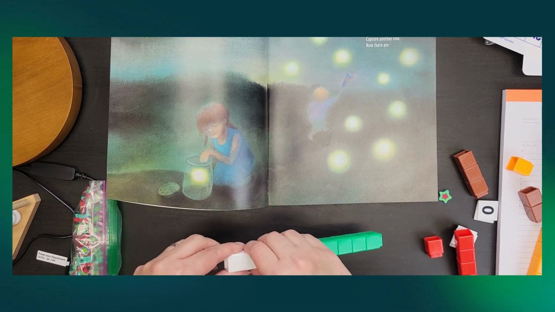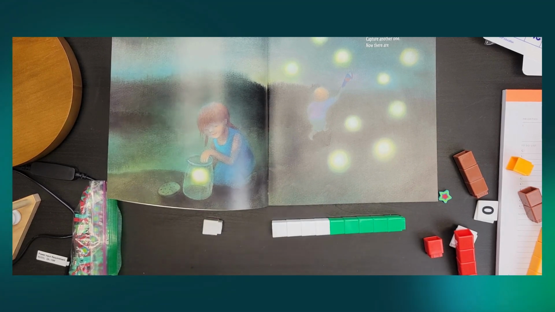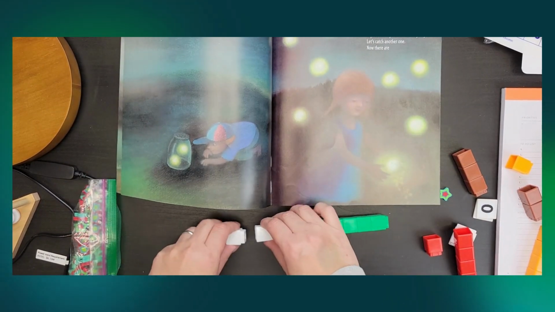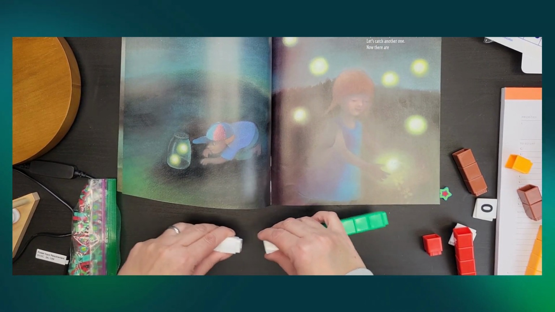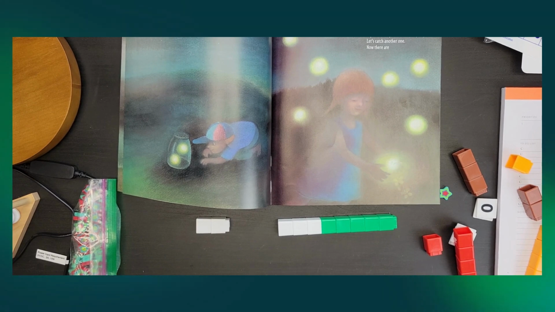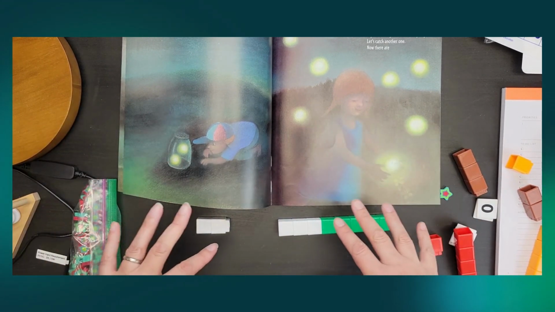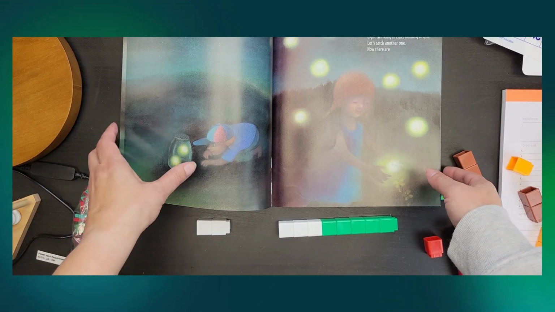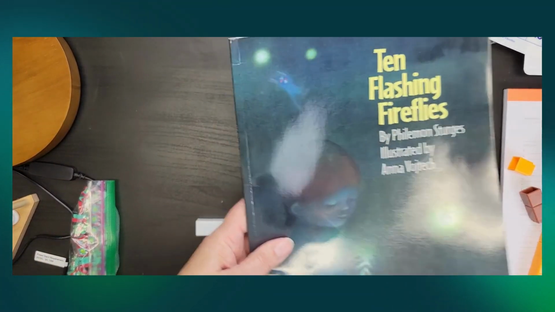Here I have 9 and 1, and as you can see, that will continue on. Again, we're finding those relationships here in our connecting cubes, on our number bonds, or on a Rekenrek if you would like.